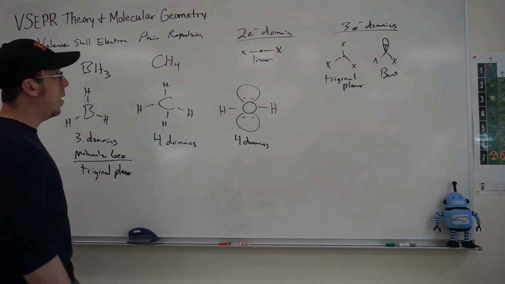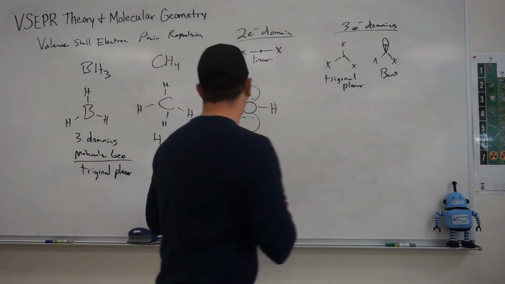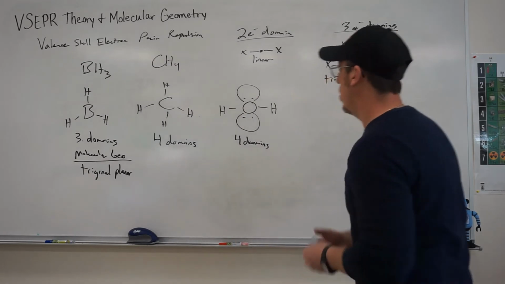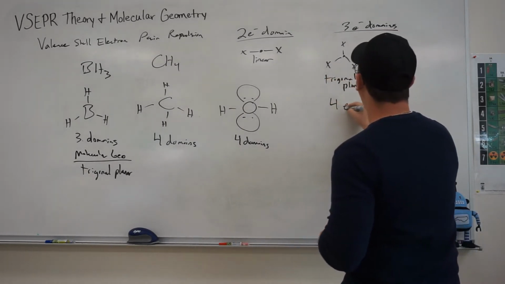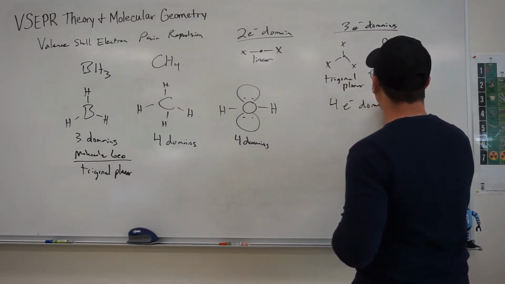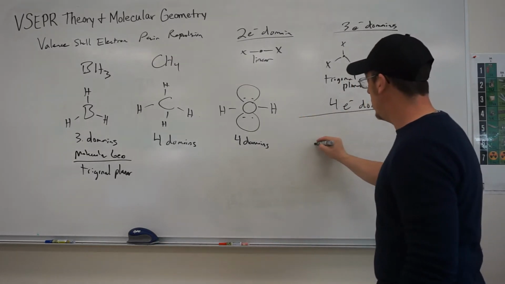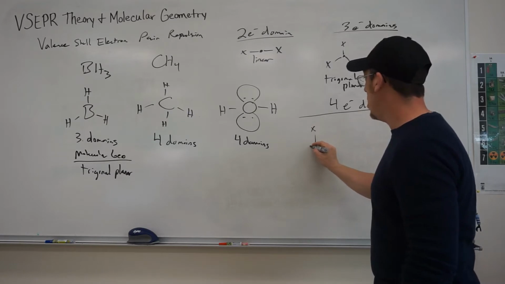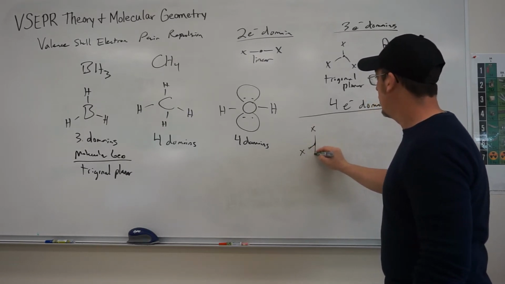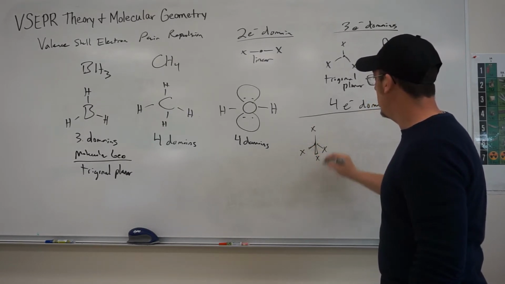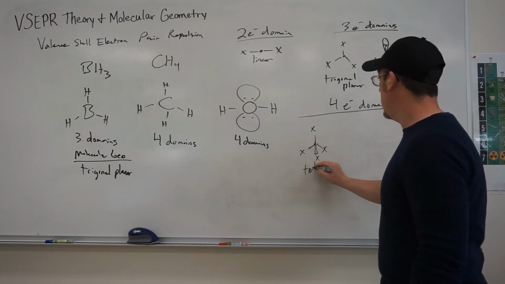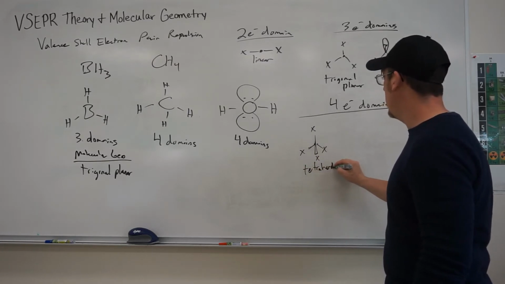Now, if we look at the 4th domain, these next 2 are 4 electron domains. When you have 4 electron domains, you're going to have 3 different possibilities. The first one is this configuration. This is tetrahedral, tetra meaning 4.